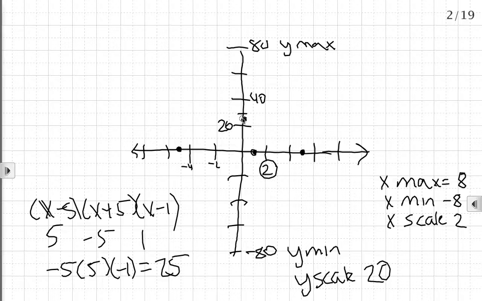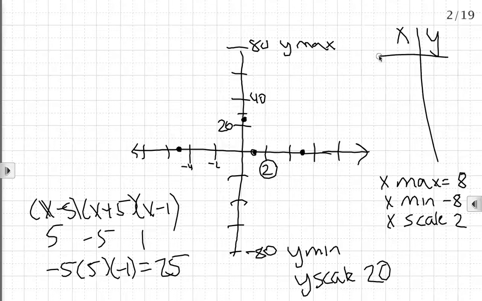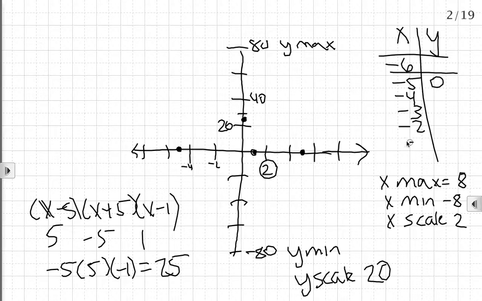So let's do a table of values over here. We have x and we have y. I would go from -6, -5 of course is 0, we already know that. Then we have -4, -3, -2, -1, then 0, which was +25, we already knew that.